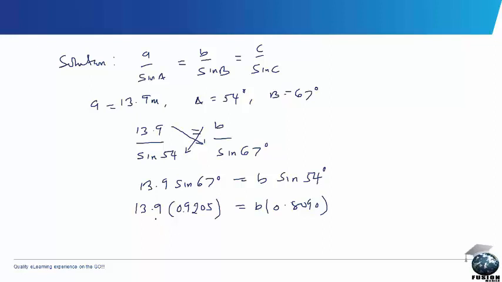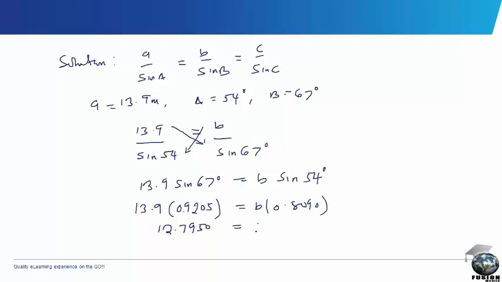You can find this part by multiplying 13.9 times 0.9205, which gives you 12.7950.